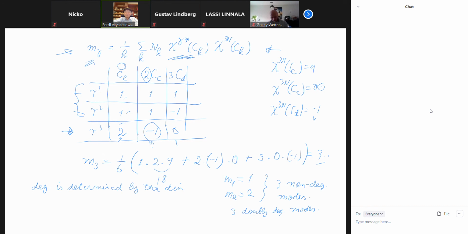In principle, we can take any molecule. The important input is the character table. When we know the character tables, then we can figure out these modes. The phonons are more complicated because you also have to take into account the translational group, but in principle, that is the same kind of algebra, same kind of procedure.